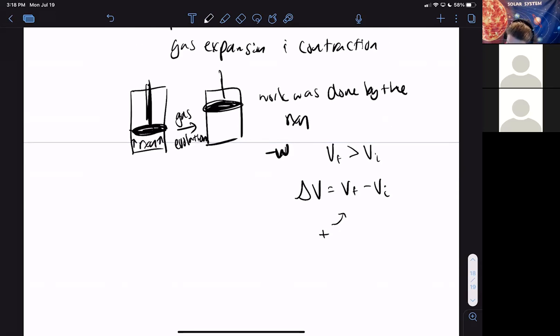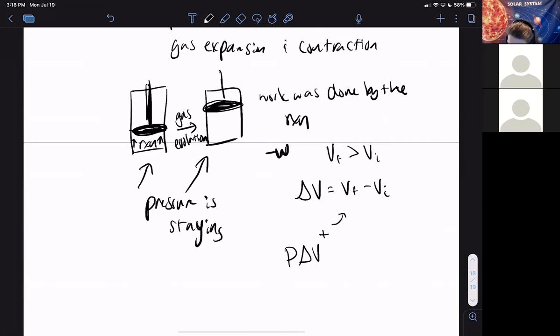So our equation, since we have P delta V, in this case, our P, our pressure, is staying constant. Right, so we've got a constant pressure because as the gas expands, it's going to push on that piston and keep the pressure the same.